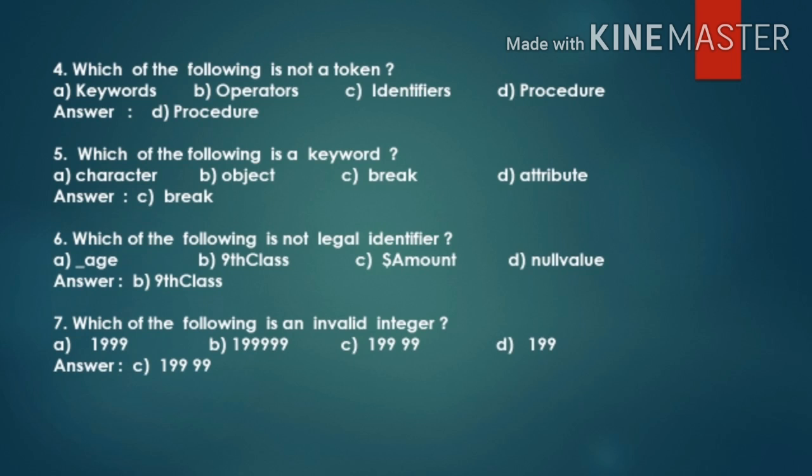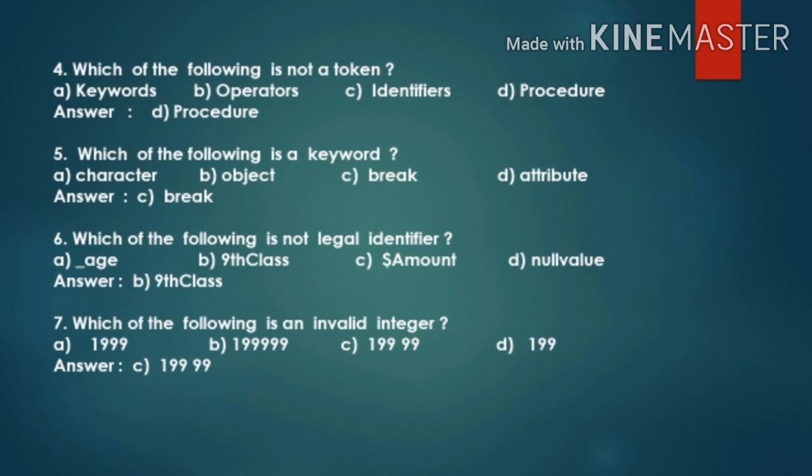Question number 5. Which of the following is a keyword? The options are A. Character. B. Object. C. Break. D. Attribute. The correct answer is C. Break. Question number 6. Which of the following is not legal identifier?